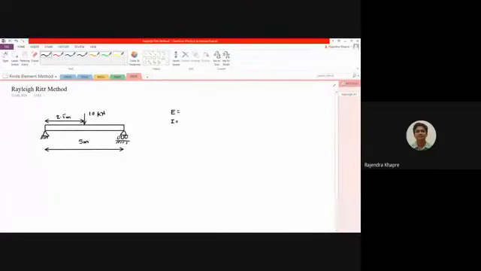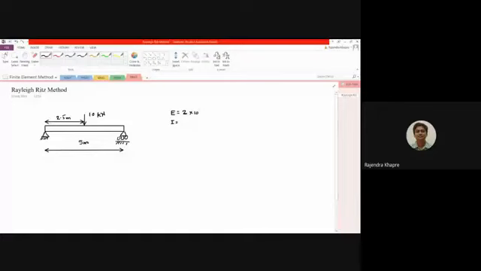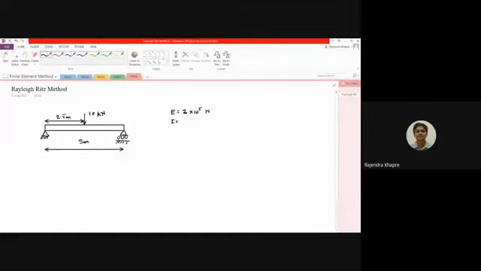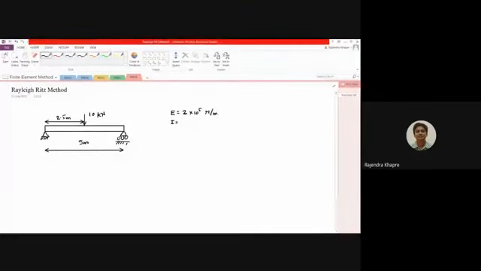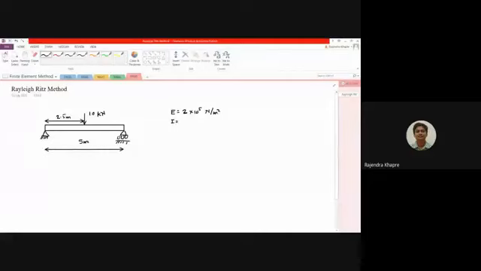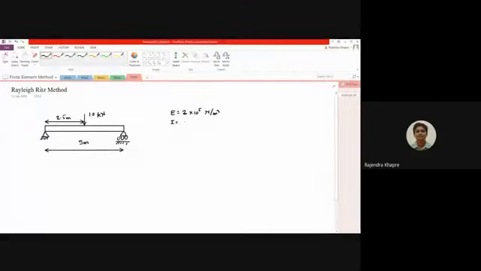The value of E given to you is 2 into 10 to the power 5 newtons per meter square, and the value of I, that is moment of inertia, is given as 4 into 10 to the power 6 millimeter to the power 4.